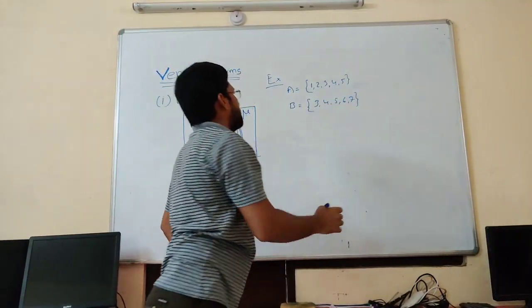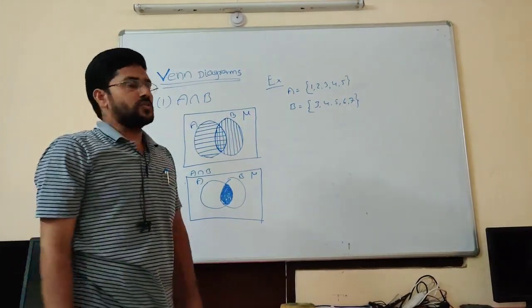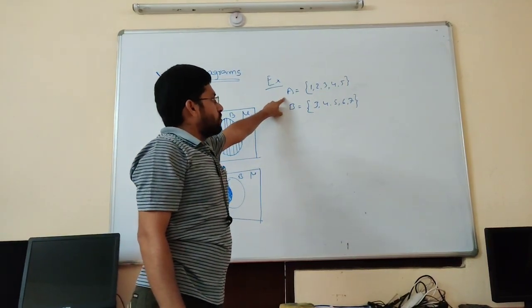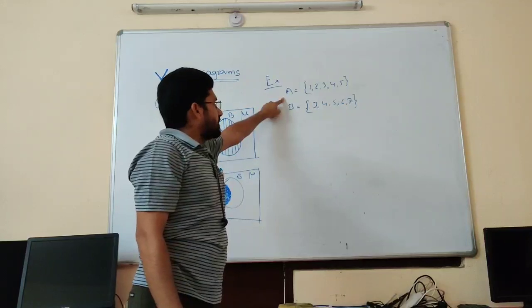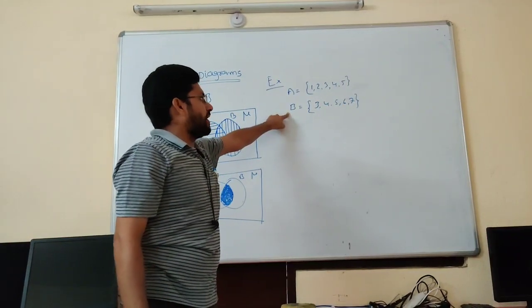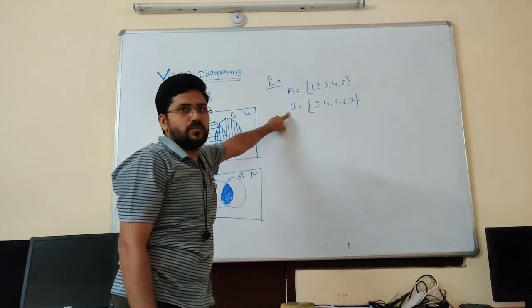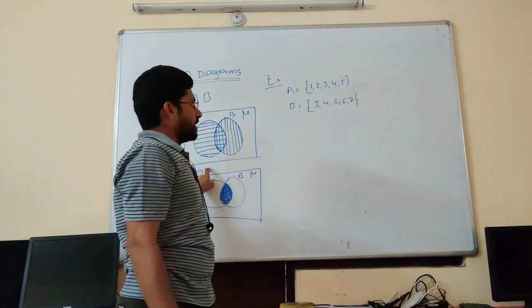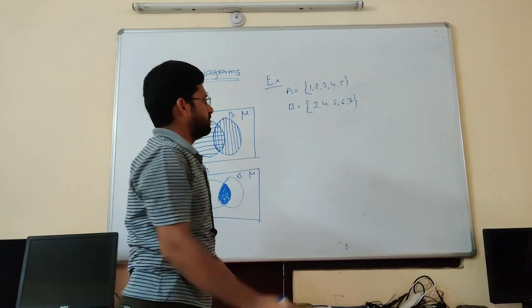A and B are the two sets. 1, 2, 3, 4, 5 are the elements of A, 3, 4, 5, 6, 7 are the elements of B. How to represent this in a Venn diagram we are going to learn now.